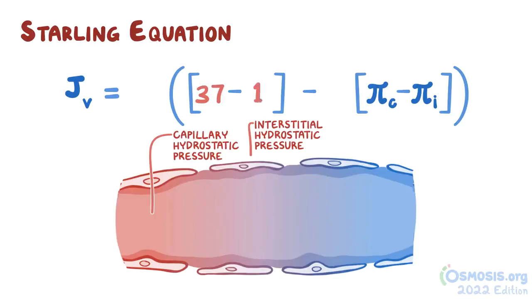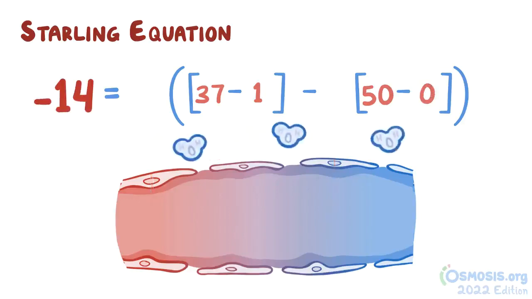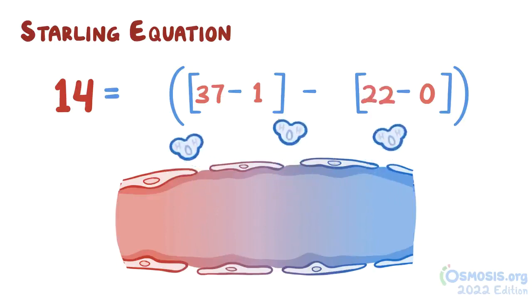Moving along, pi C, or capillary oncotic pressure, is 50 millimeters of mercury, while pi I, or interstitial oncotic pressure, is 0 millimeters of mercury. We get a net pressure of negative 14 millimeters of mercury. And since the number's negative, it means water will move into the capillary.